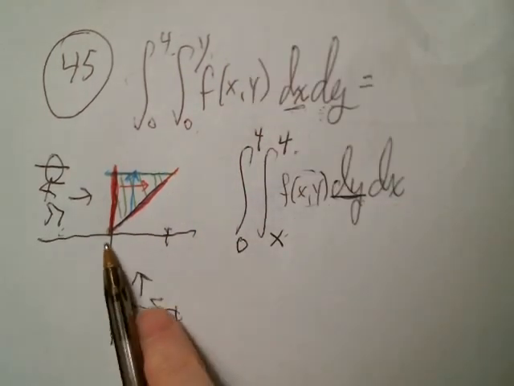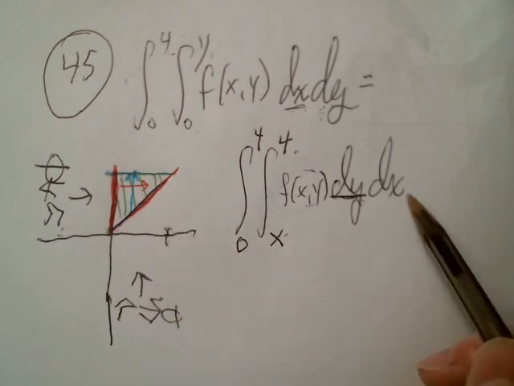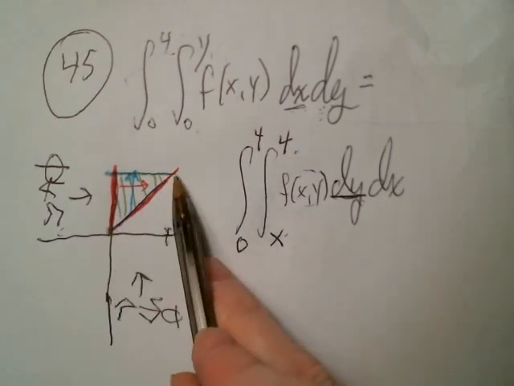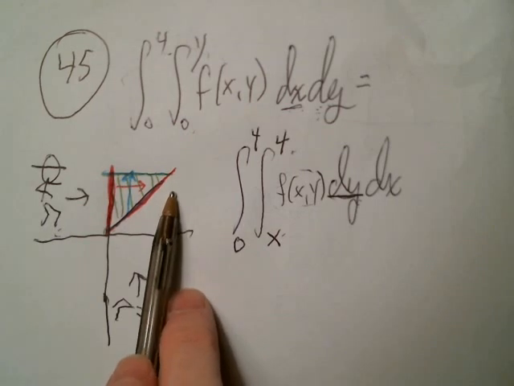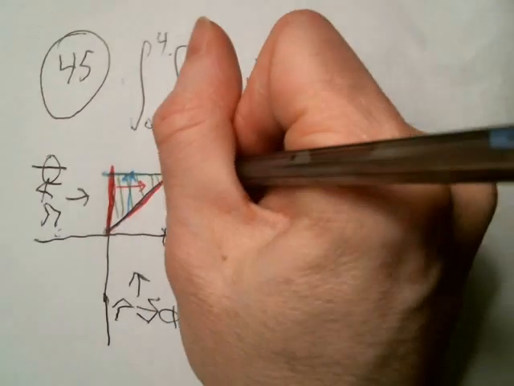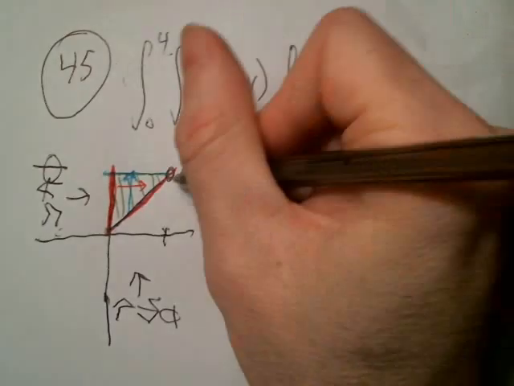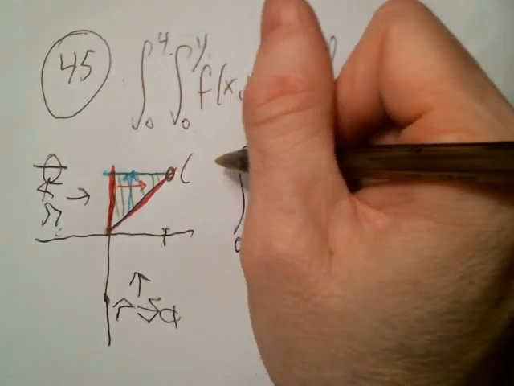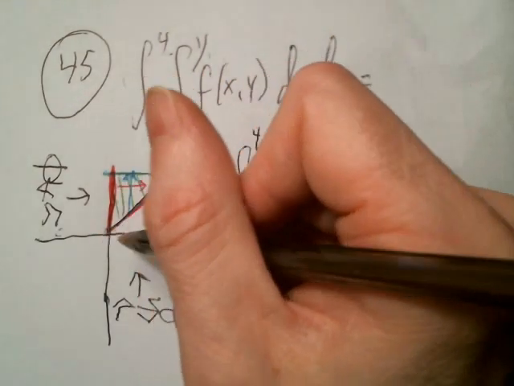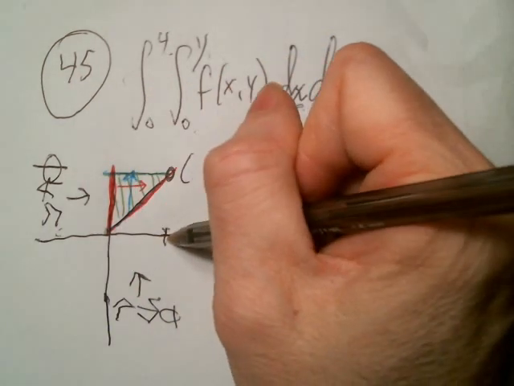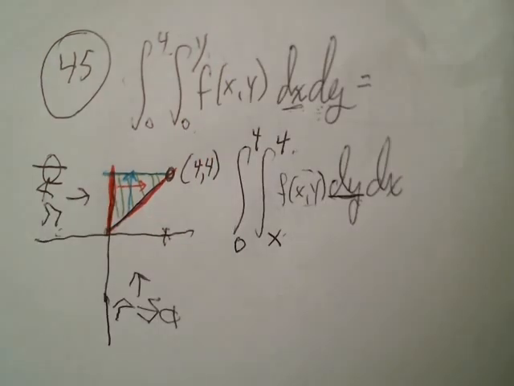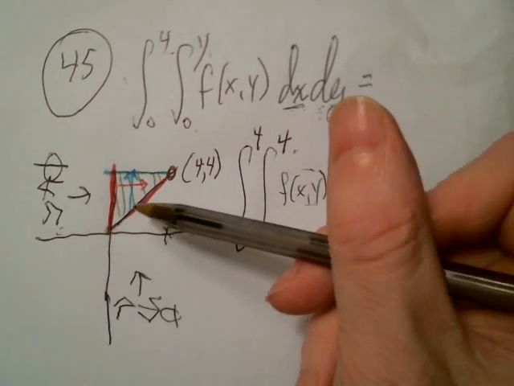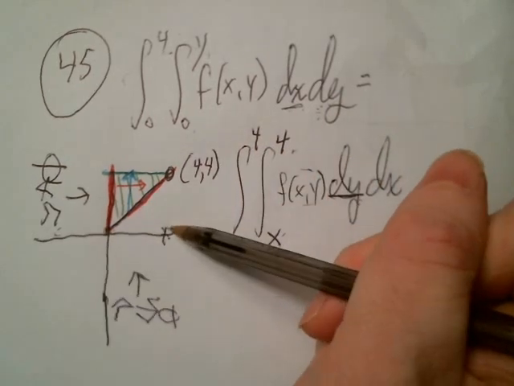If you want to figure that out, you take x equals y, set y equal to 4, and it's obviously 4. So what is this point? It's 4, comma 4. Okay, so the Riemann man is going from 0 to 4.